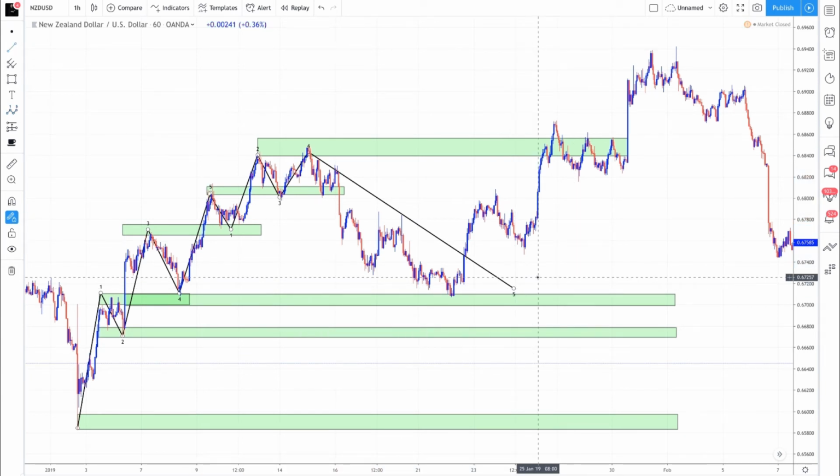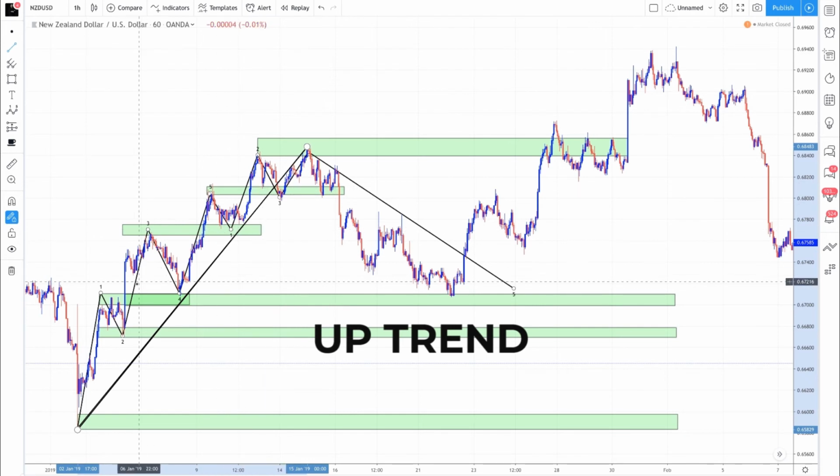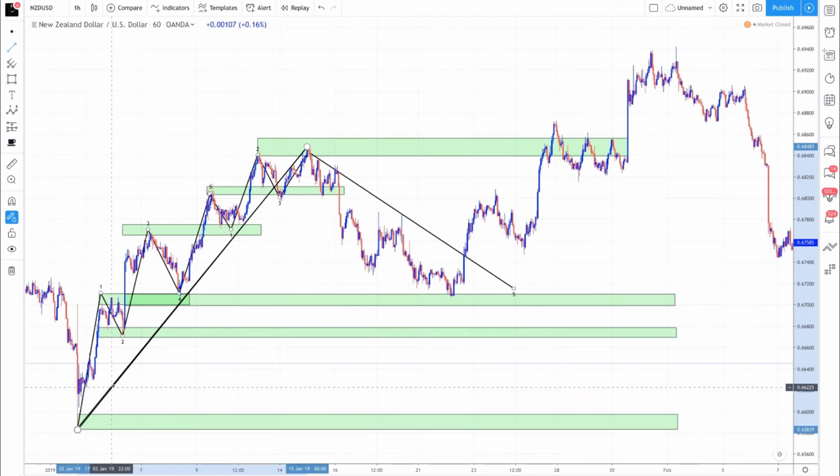Trend lines are what carry price in the upwards or downwards trend inside of the market. As we can clearly see, the market is creating this uptrending formation of higher highs and higher lows. Now, traders can begin to connect these data points inside of the market to see that it's carrying price in an uptrend. And as long as the formation is remaining above this uptrending line, then it's safe to say that we are in an uptrend.